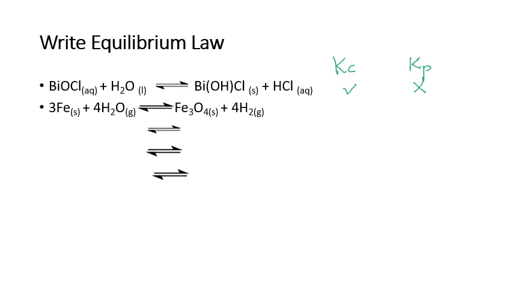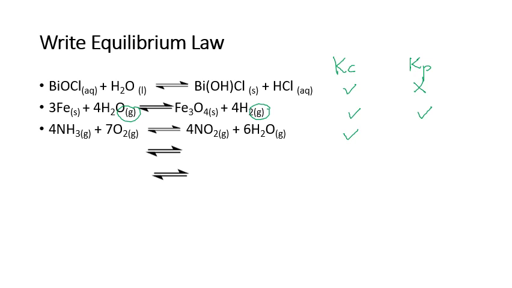For the second equation here, I can write the Kc expression. I also can write the Kp expression because gases appear. For the third chemical equilibrium, again, we can write the Kc expression and we can also write the Kp expression.